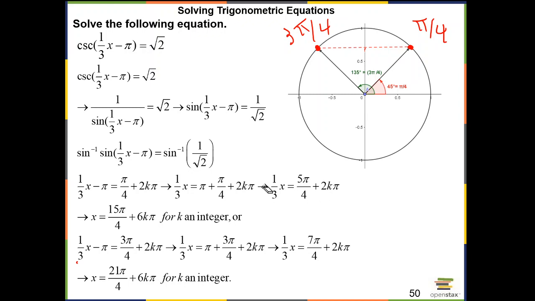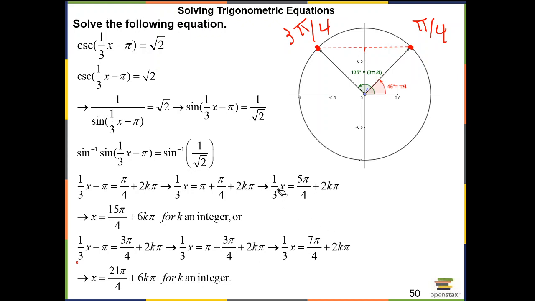So that is 1/3 x. And then the same here, we add pi to both sides. So 1/3 x is pi plus 3 pi over 4, so 4 pi over 4 plus 3 pi over 4 is 7 pi over 4 plus 2k pi.